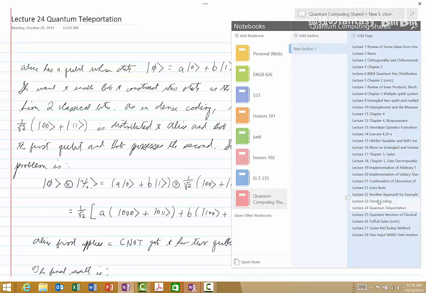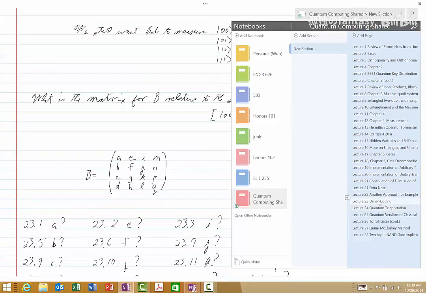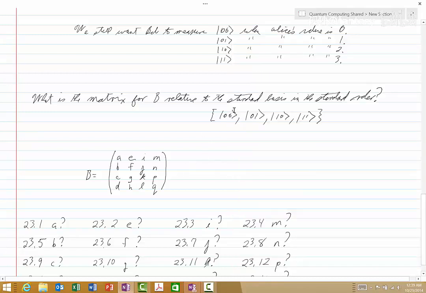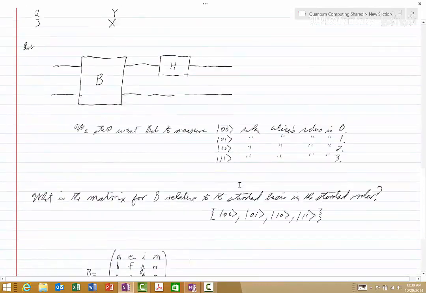And the book described, and this was mentioned a little bit in our lecture, how in some sense dense coding and quantum teleportation are inverses of each other. And I want to show that that idea extends to what we did in our quizzes, which might not have been obvious to you at the time. So let's go back here to lecture 23.